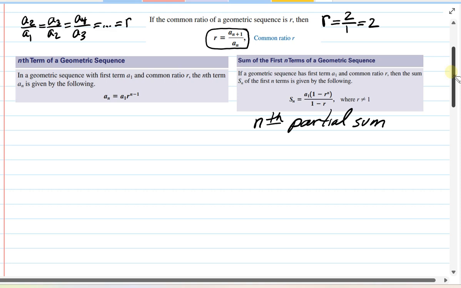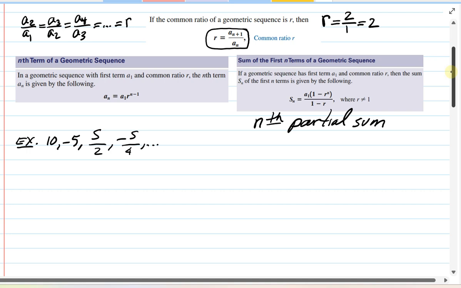So let's take a look at some examples here and how we're going to use this. Let's say I'm making an example up here. Suppose the sequence is 10, negative 5, 5 halves, and negative 5 fourths. Suppose that's my sequence.